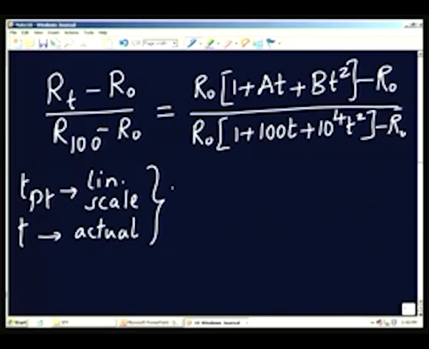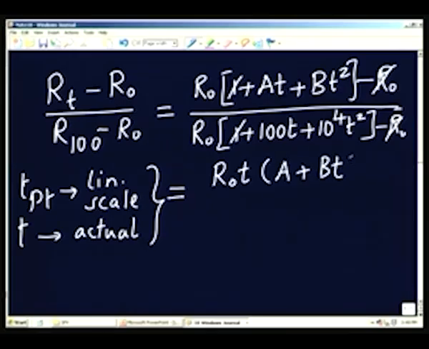And this can be further written as, this R naught will cancel with this R naught, and similarly this will cancel with this. This becomes R naught into T, I can take it outside, into A plus BT divided by 100 I can take outside, into T plus 100.